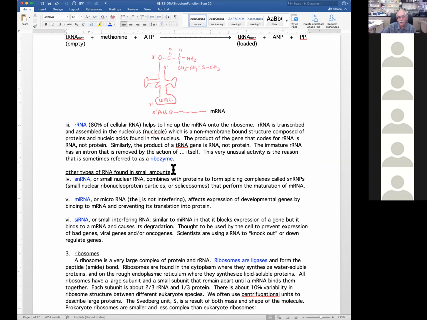Immature ribosomal RNA has an intron, and that intron is removed by itself. This is the reason why sometimes you will see the word ribozyme. So here is RNA acting like an enzyme. It works on itself.